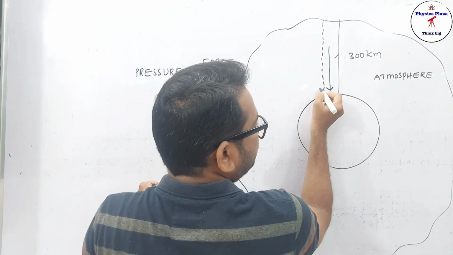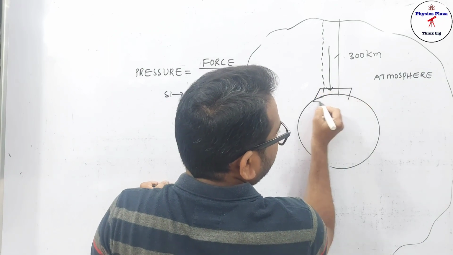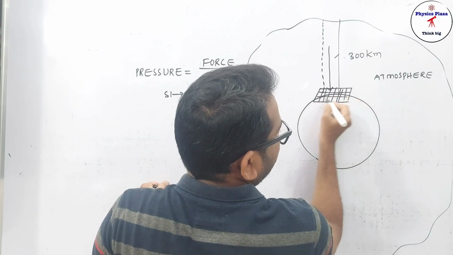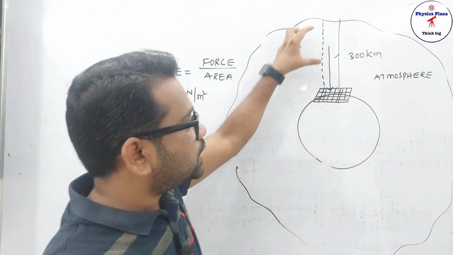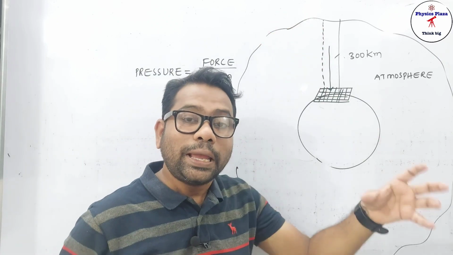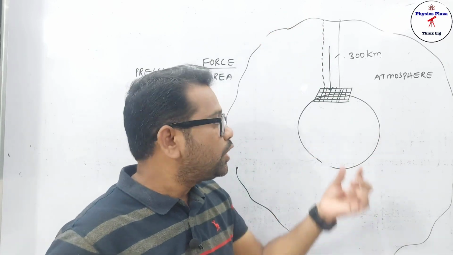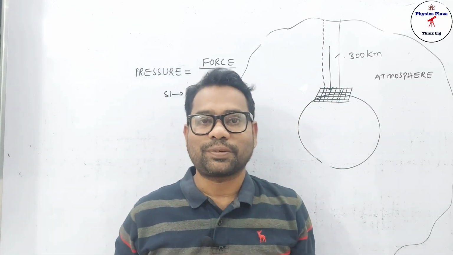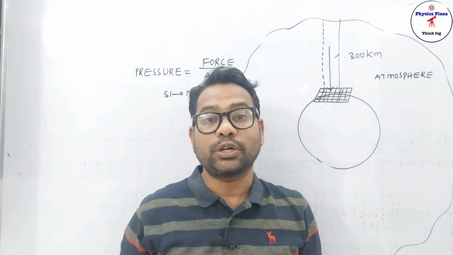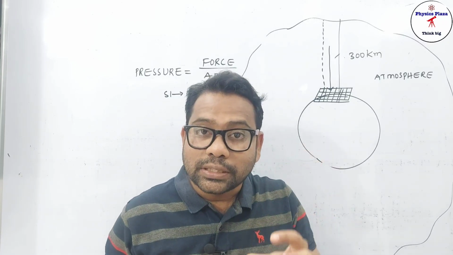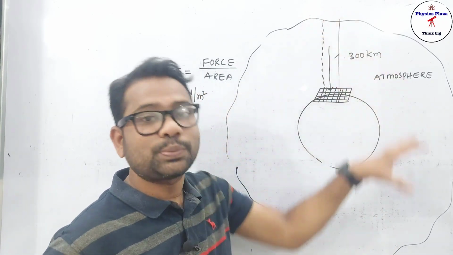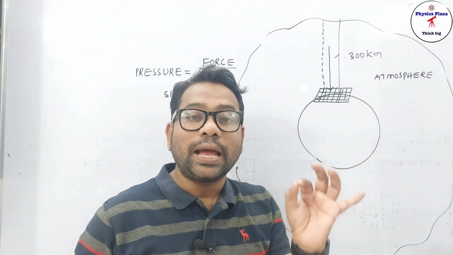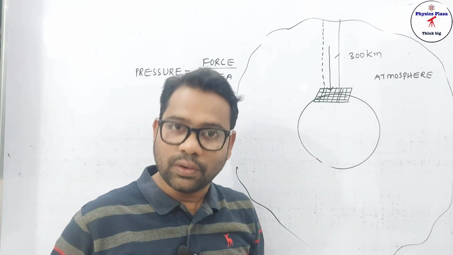Now if we take a unit area surface on the earth, then we can say that the thrust exerted by the air column of the atmosphere on the unit surface area of earth is called atmospheric pressure. Let me repeat once again, it's very important to understand. The thrust exerted by the air column of the atmosphere on the unit surface area of earth is called atmospheric pressure. Is it clear? Fine.